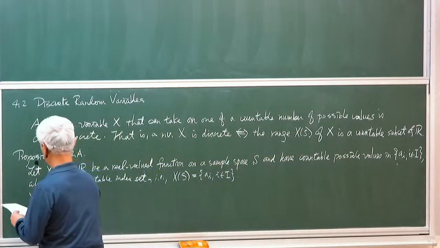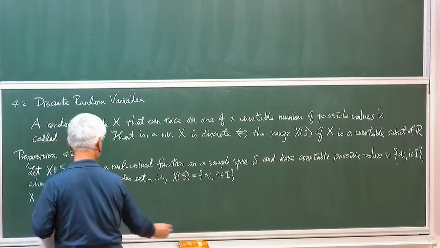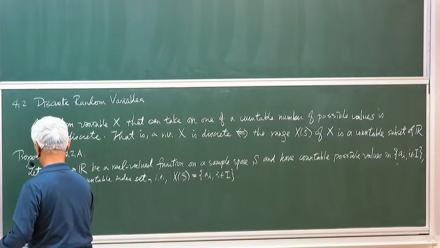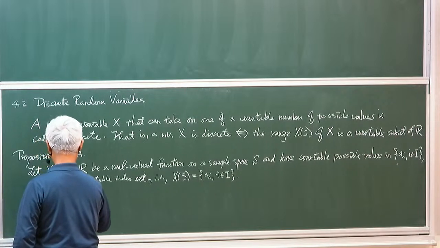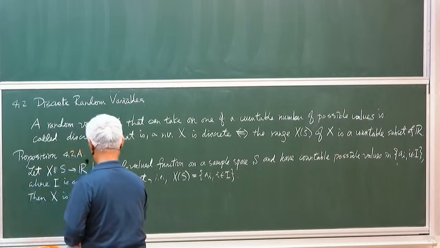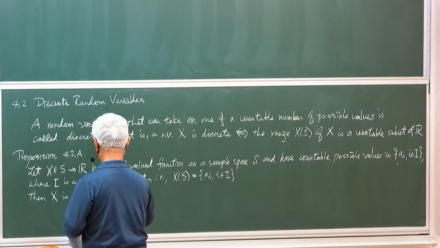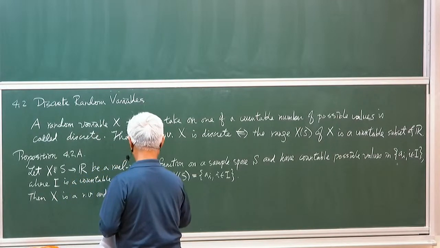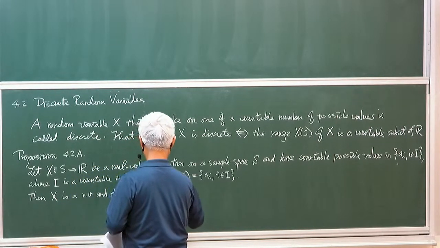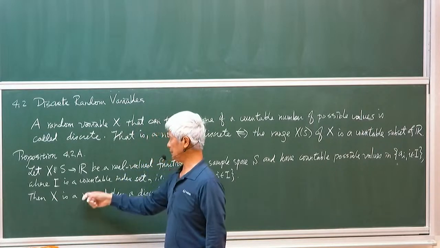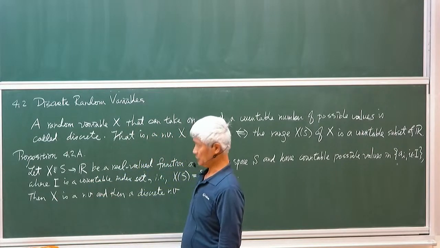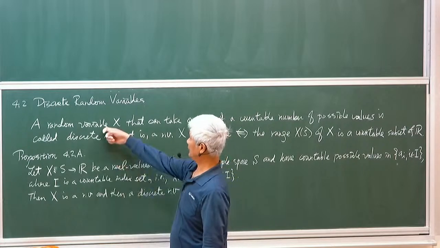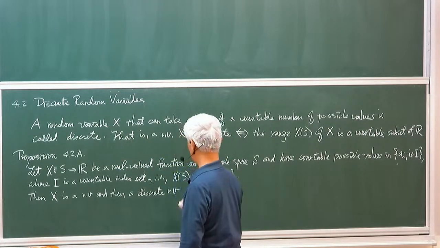Then x is a random variable, and then a discrete random variable. Once it's a random variable, then it must be a discrete random variable, by the definition of a discrete random variable.